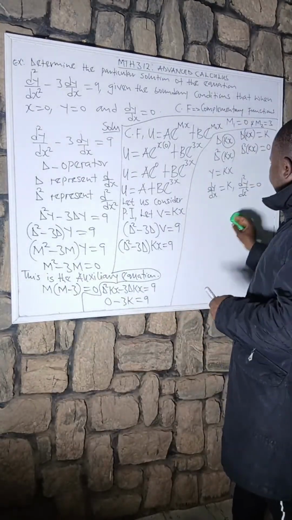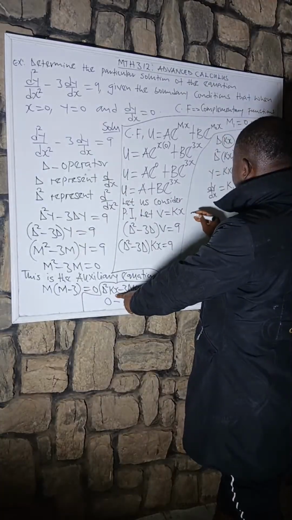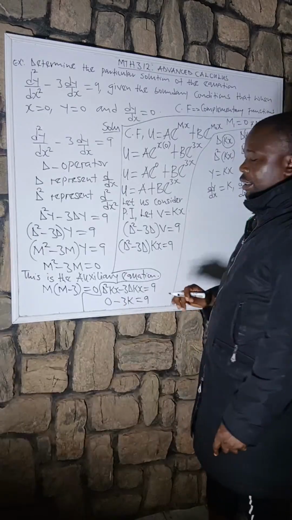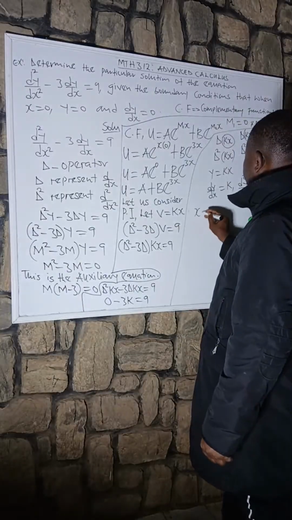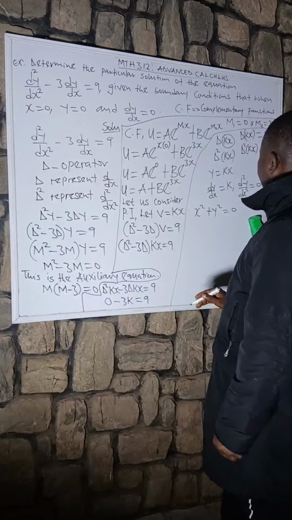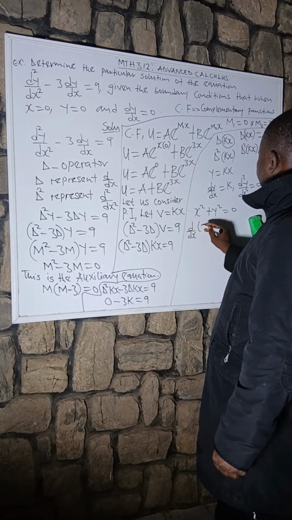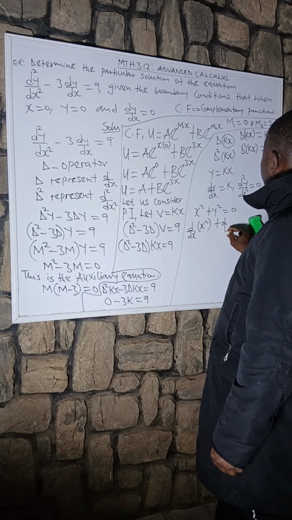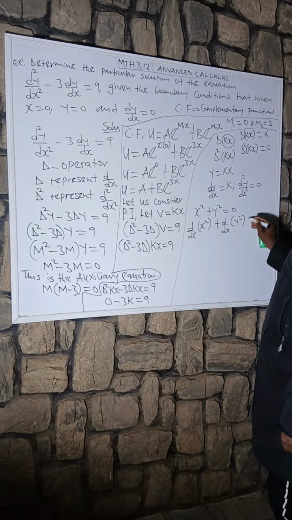We have a function here. Just like you know your implicit function, that when you are given x squared plus y squared equals to 0, this is what you do. d all over dx of x squared plus d all over dx of y squared, equals to 0, true or false?